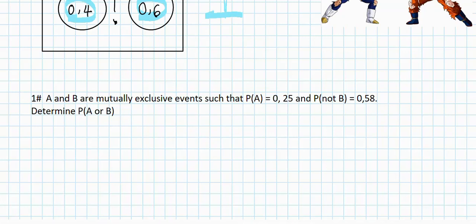Remember in maths, once you see a statement, put it in numbers. Mutually exclusive says what? It says to me that the probability of the intersection of A and B is 0. Right? That's what the statement says.